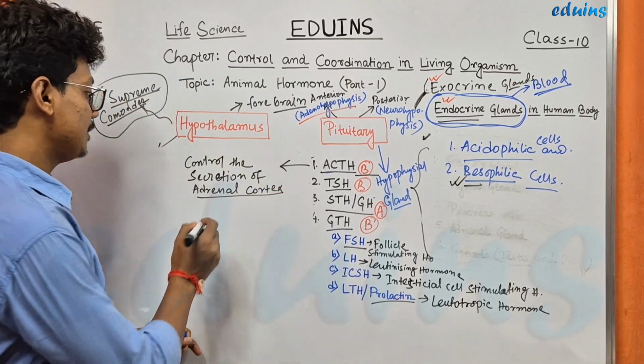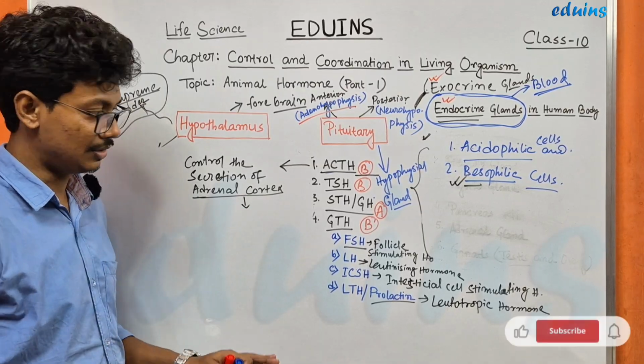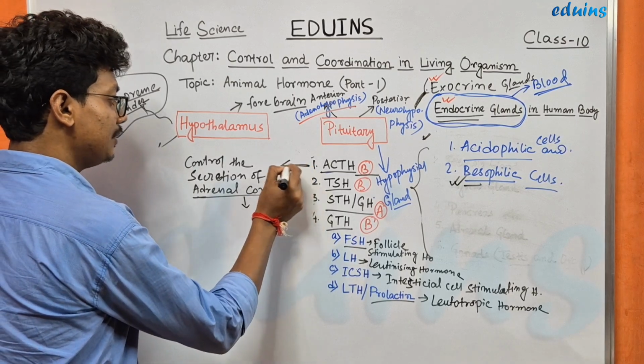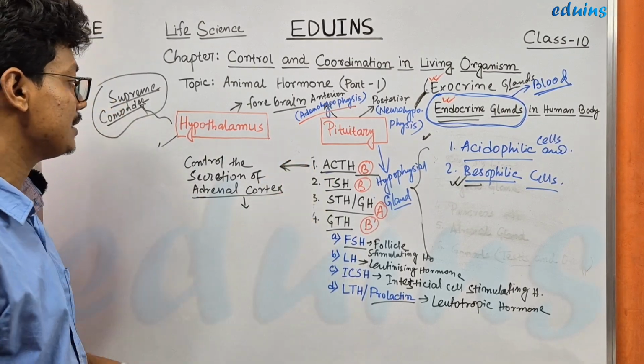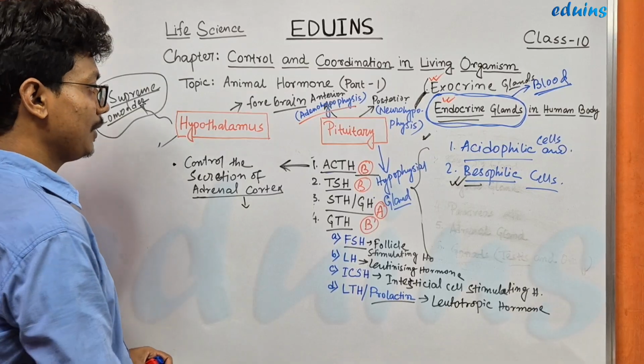Okay, the adrenal cortex releases the adrenaline, which we will discuss later. But the main function of ACTH is to control the secretion of the adrenal cortex.